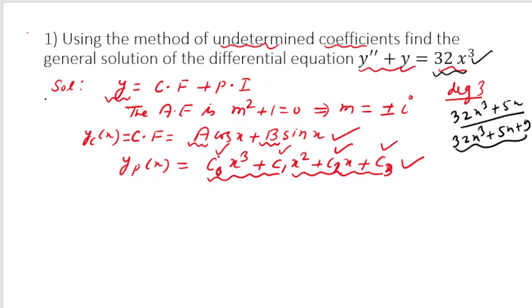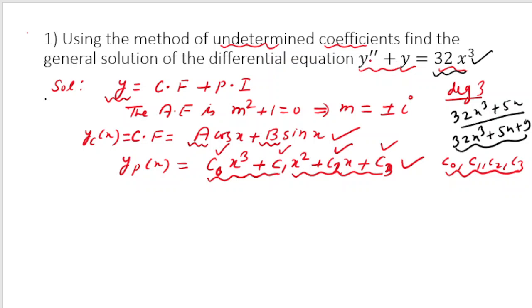So that is why this method is known as the method of undetermined coefficients, because the 4 coefficients C0, C1, C2 and C3 are undetermined, which we have to determine. So how can we determine? I am calling this solution a trial solution, meaning this should satisfy the given differential equation. So yp should satisfy it.